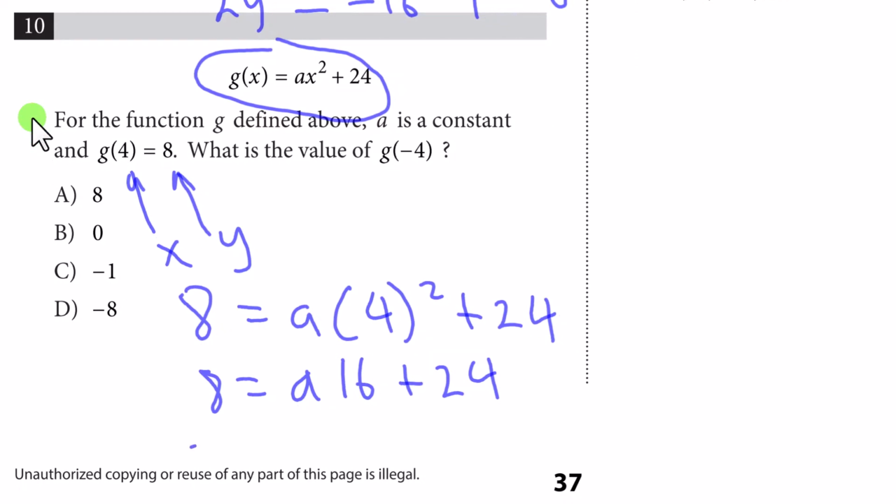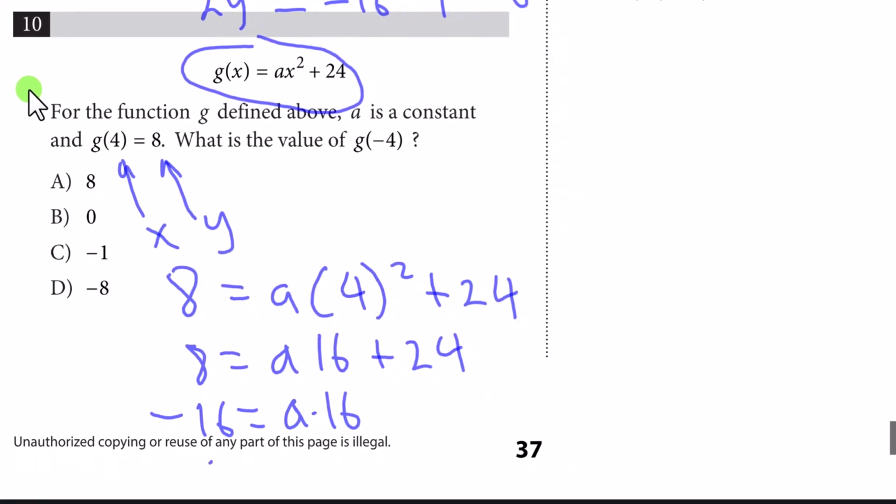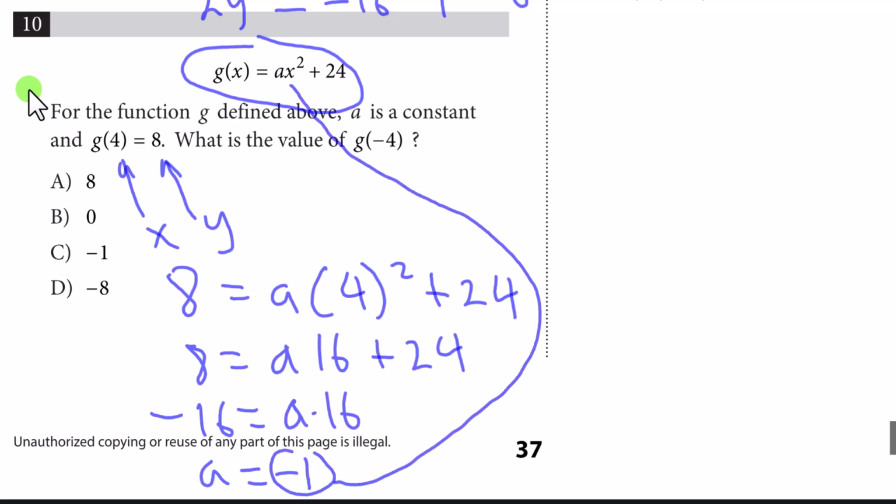So we're going to get negative 16 equals a times 16. So a is equal to negative 1. Now we know that a is negative 1. That is actually going to go right there. So the equation, in fact, is going to be y equals negative 1 x squared plus 24.